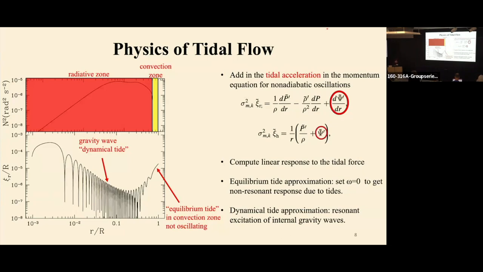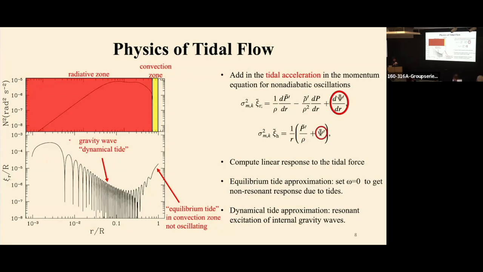If we look at a real stellar structure on the top panel, I just use one solar mass as an example. The inside is dominated by a radiative zone, and the outside of the star is a convective envelope. The bottom panel is the corresponding wave amplitude as a function of fractional radius.